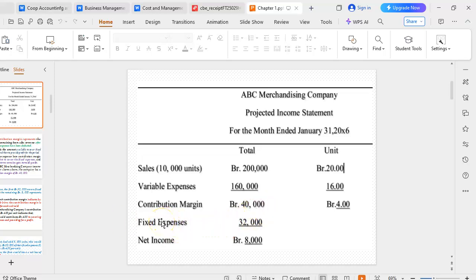Let our fixed expense be 32,000. It covers fixed expense. Then the left amount is net income, or profit, only 8,000 after we cover those expenses.